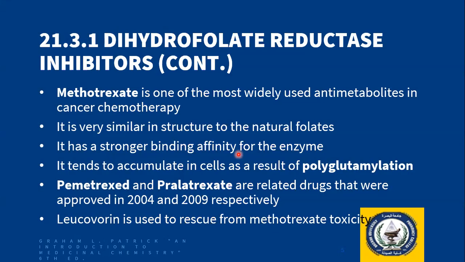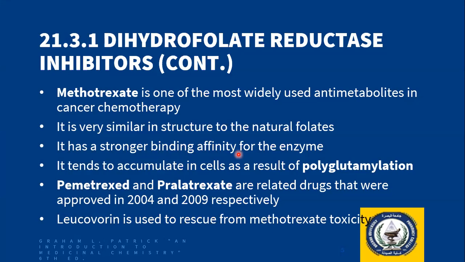But it is also a process that was used by cancer cells for resistance. So basically, some cancers decrease the level of the enzymes that do polyglutamylation, and they decrease the methotrexate level inside the cell.